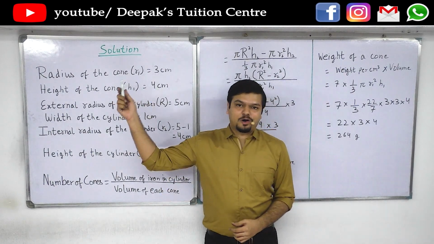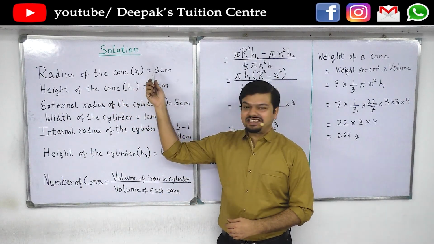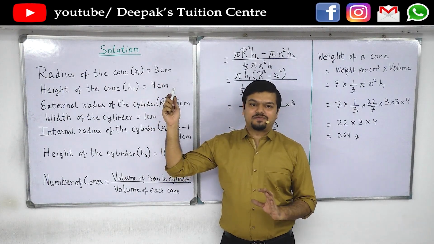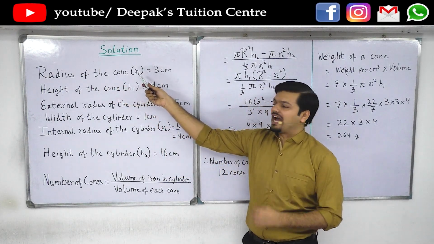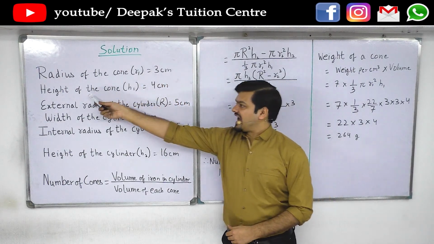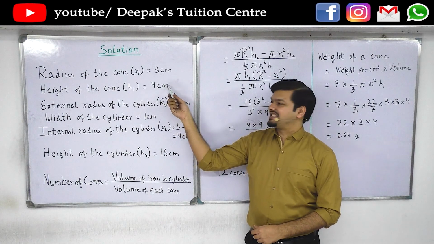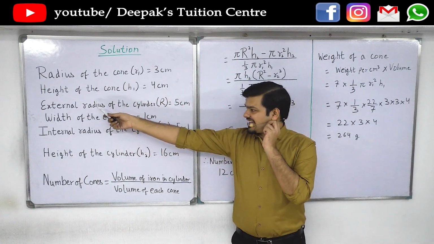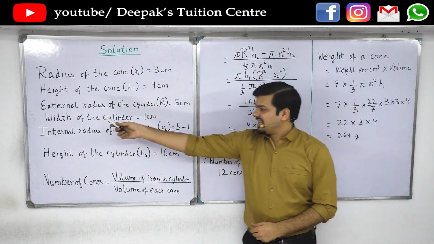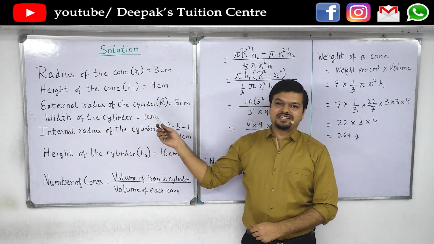But we will always copy the data and write the appropriate symbols so that the teacher knows which symbol is for which value. So, the radius of the cone, I have symbolized using R1 is equals to 3 centimeter. Height of the cone H1 is equals to 4 centimeter. External radius of the cylinder capital R is equals to 5 centimeter and width of the cylinder is 1 centimeter.